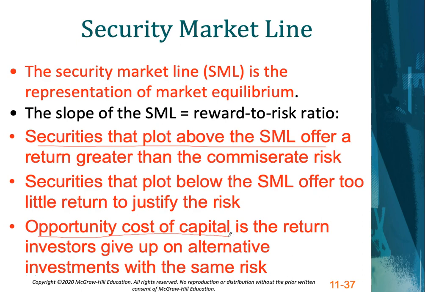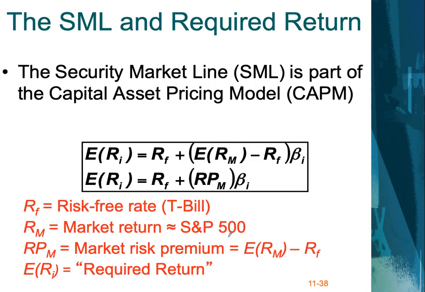That's the return we could earn by investing in other assets with the same risk. So if we invested in a security that plotted below the security market line, we have an opportunity cost of capital, because we could be investing in another security that plots on the line and has enough return to justify its risk.